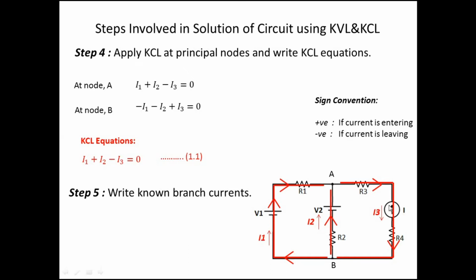There is a current source here, which means that through this branch, the value of the current source I is flowing in this direction, upward. Means the branch current I3 is known. We have assumed that I3 is flowing in this direction, but the actual direction is upward. So I3 equal to minus I.